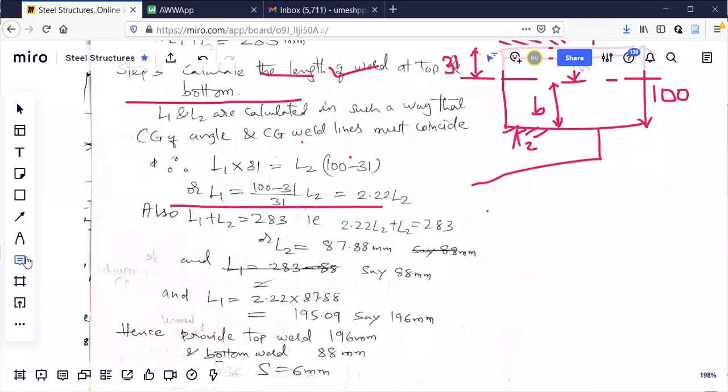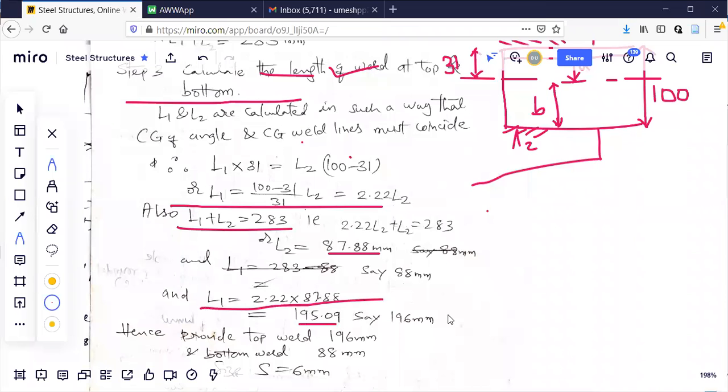Since L1 plus L2 is 283 and L1 is equal to 2.22 L2, I get L2 as this, and therefore L1 as 2.22 times that, 195.09, so it is written as 196. And L2 is 87.8, written as 88.